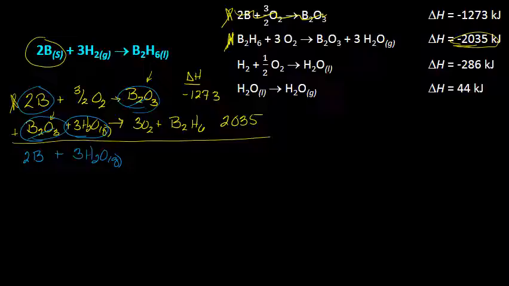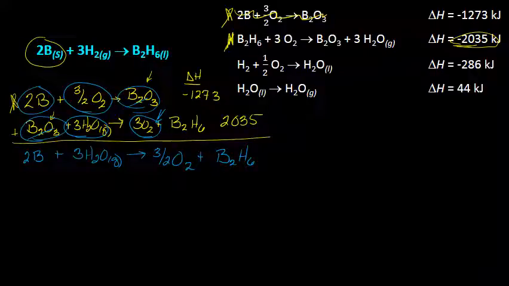Okay, now I have 3.5 oxygens there, 3 oxygens there, and since this side 3 is greater than 3/2, you simply subtract those two and you end up with 3/2 oxygen plus the B2H6. So pick up your handy dandy calculator and find our current value of enthalpy.